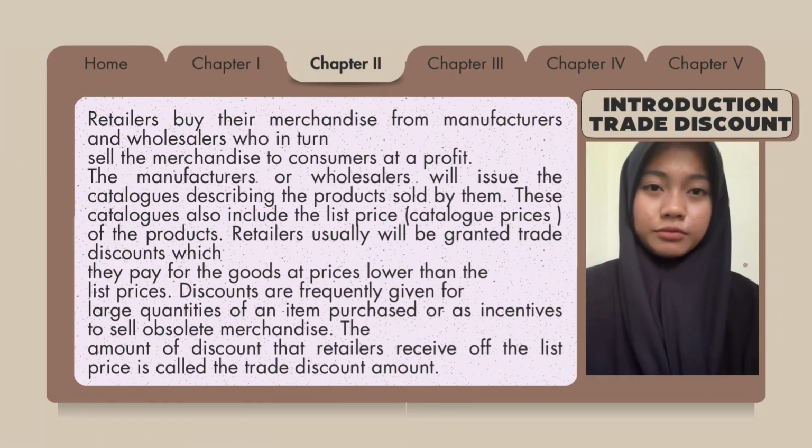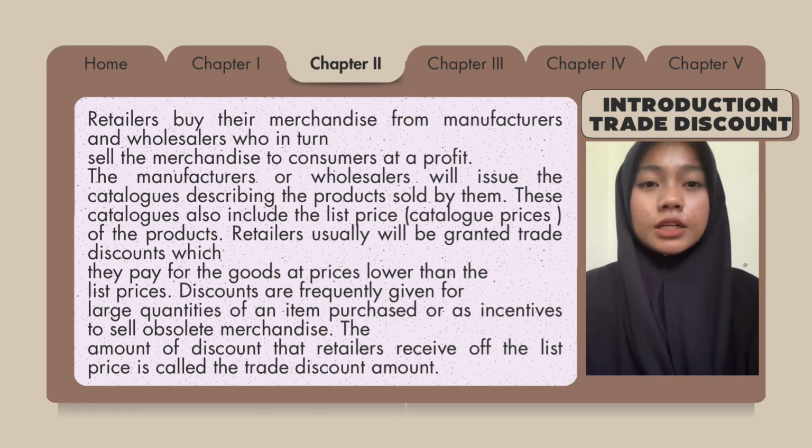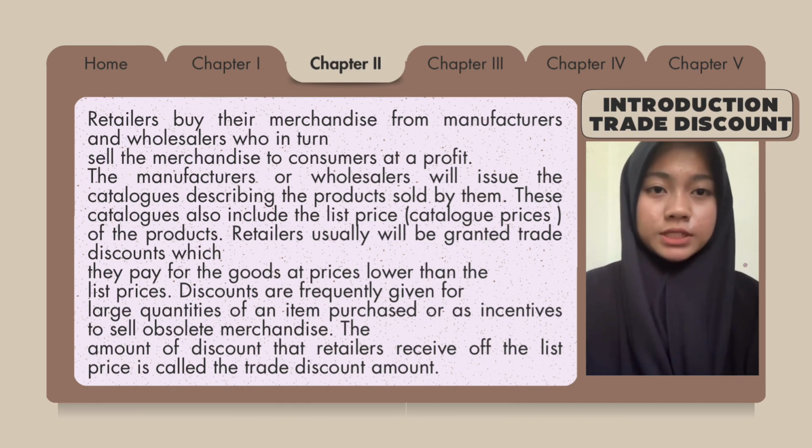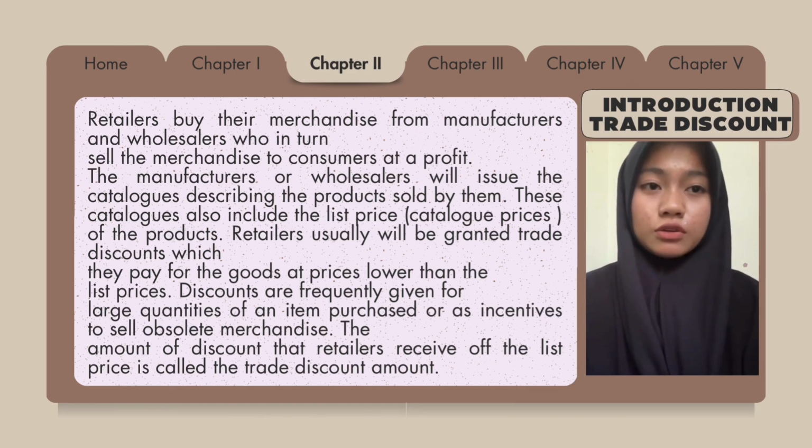Introduction of trade discount. What is trade discount? Retailers buy their merchandise from manufacturers and wholesalers who in turn sell the merchandise to consumers at a profit. The manufacturers or wholesalers will issue catalogs describing the products sold by them. These catalogs also include the list price of the products.